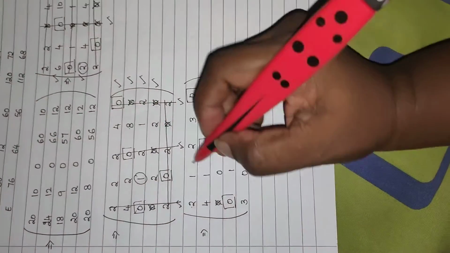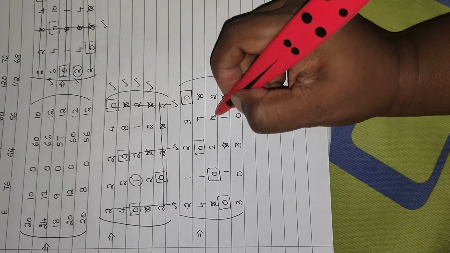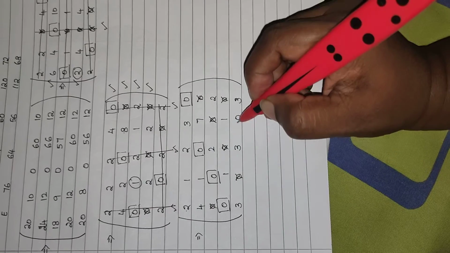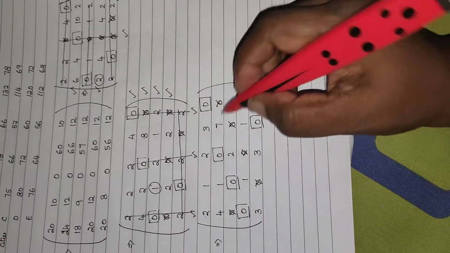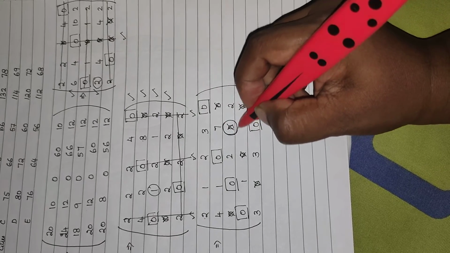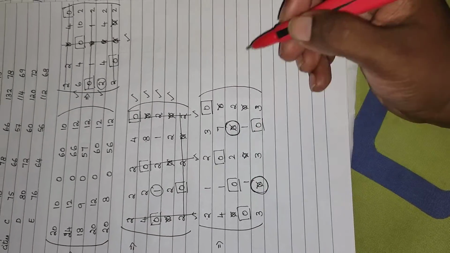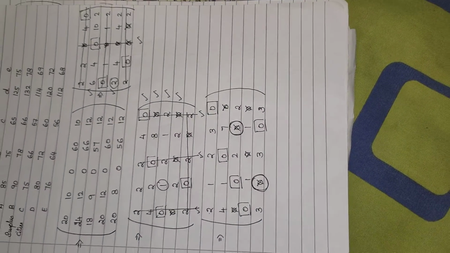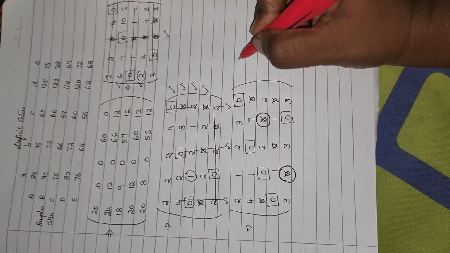Very good. If I choose this, then this gets cut off, this gets cut off, and this gets selected. If I choose this, then this gets chosen as well. So there are 2 answers to this particular problem. Both will give you the same answer, but anyway.